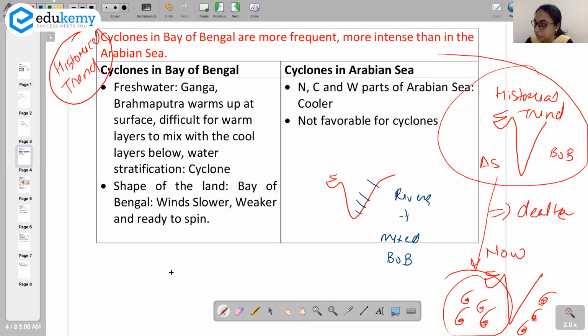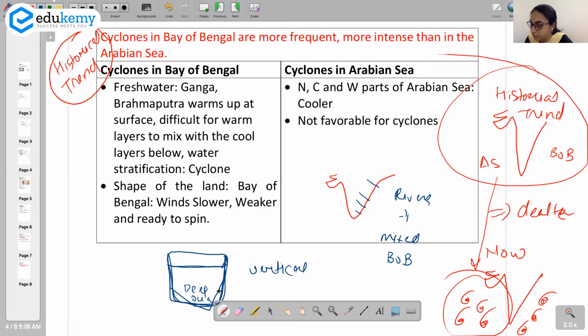Now if this is the vertical zonation, we are going into the ocean deep. Okay, I'm vertically imagining the oceans. This becomes the surface ocean and this becomes the deep ocean. So at the surface, you have this fresh water from rivers, and deep down we have this cold water. The temperature reduces as we go deeper in the ocean.